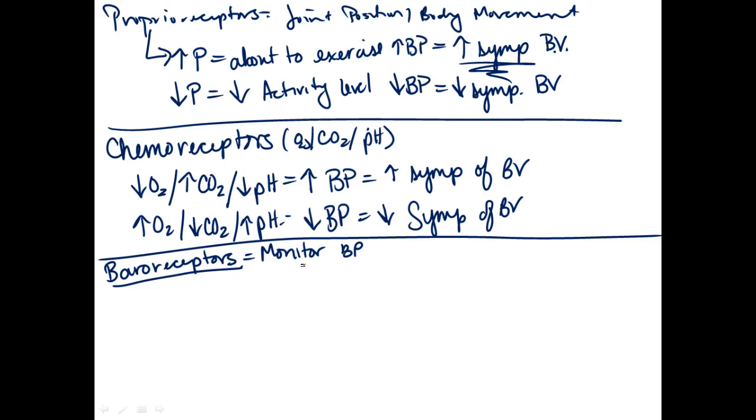That means that one single baroreceptor type needs to be able to signal both high blood pressure and low blood pressure. In order to do that, your baroreceptors work very similarly to how our sympathetic system works. Your baroreceptors will actually send a constant signal rate to the cardiovascular center at rest.